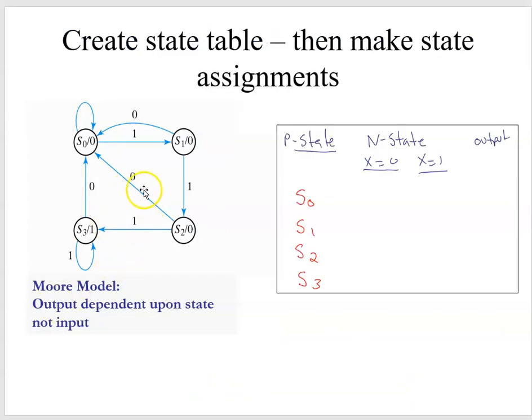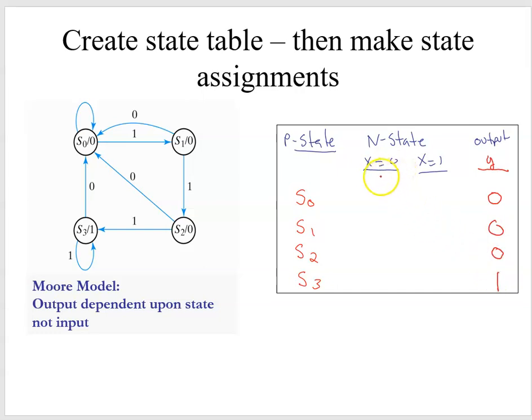So it's easiest to go from a state diagram to this form of a state table where we have, if we're in state 0 and our output we called y, so I'll put that here, our output y, when we're in state 0, it's a 0, 0, 0, 1.